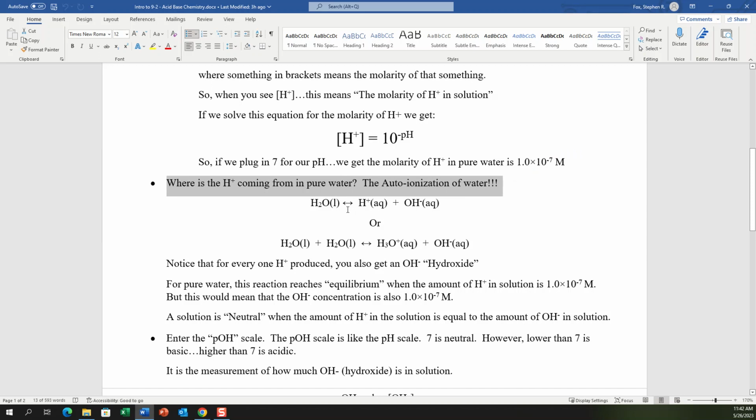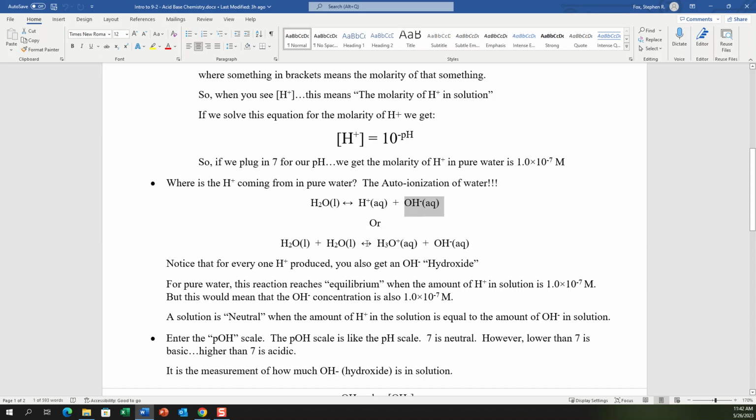Okay, and there's 2 ways to go about it, and this might kind of show you where we say hydrogen ion or hydronium ion. So one way to think of water is that water, kind of like an ionic compound, some of the water molecules can dissociate, and you can think of water as H plus and OH minus. So some water molecules will break up into H plus ions and OH minus ions.